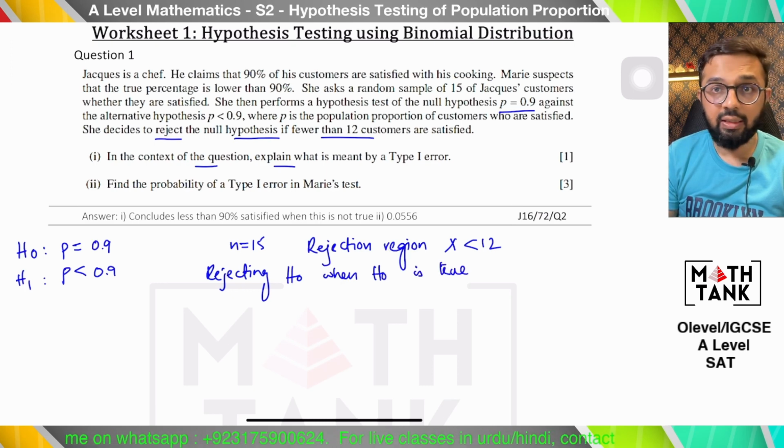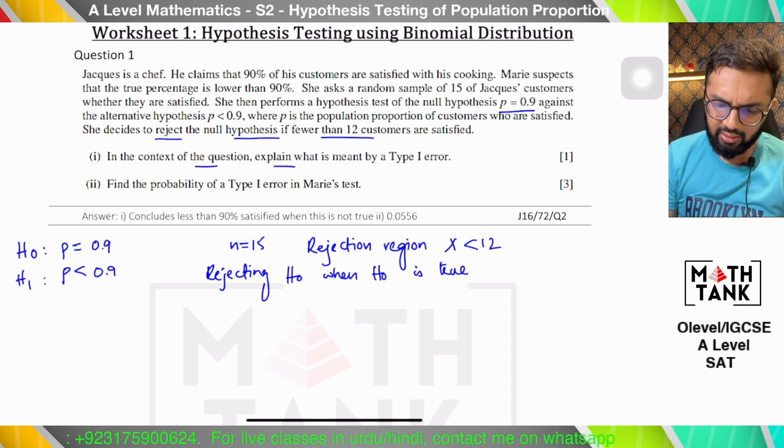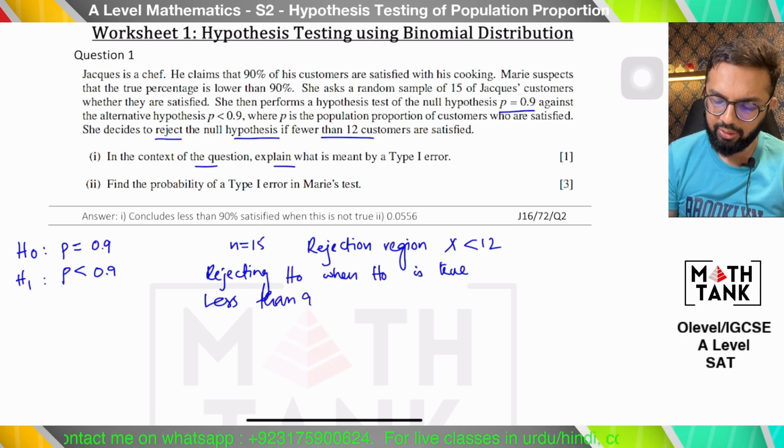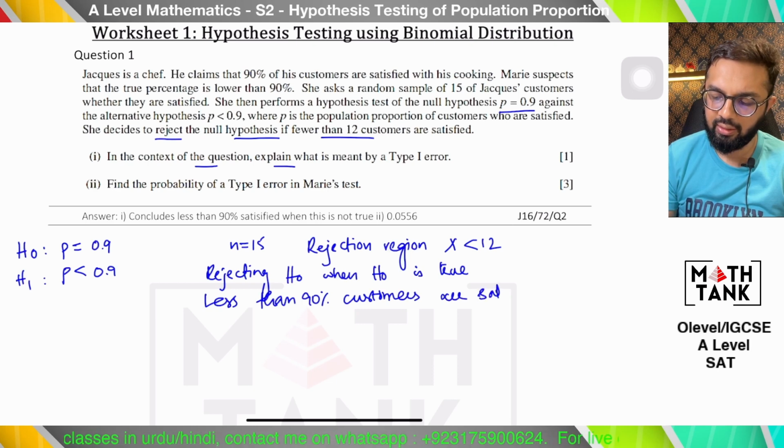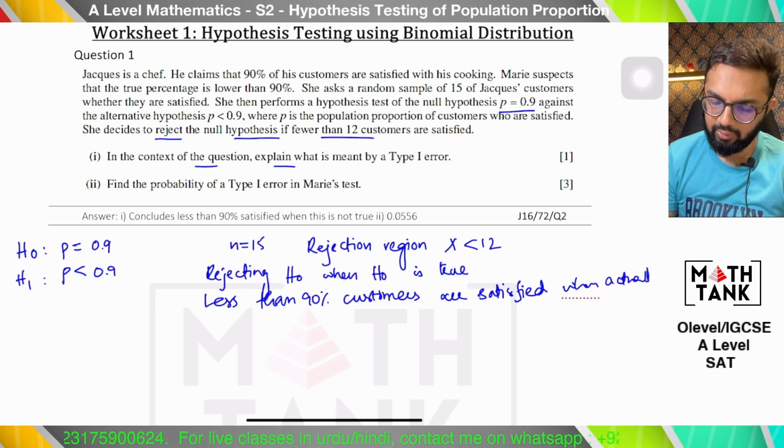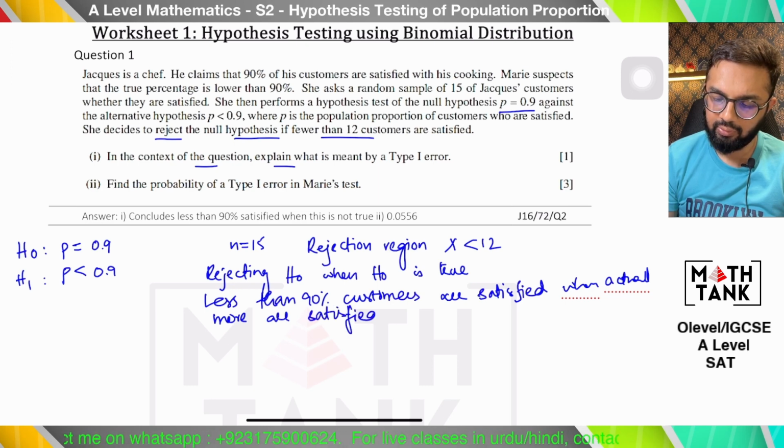So in this context, I am saying that less than 90% of customers are satisfied when actually more are satisfied. Okay, that's the type 1 error.